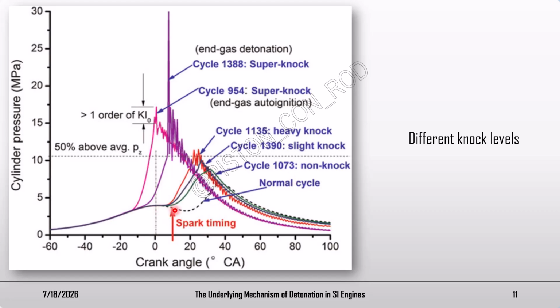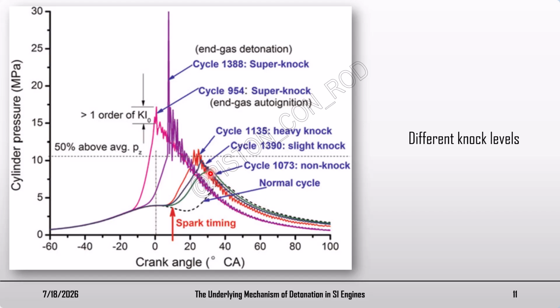As you can see, this dashed line shows the normal combustion event. We had spark here, and after that the combustion started and pressure rose pretty normally, with the continuation of the power stroke. So this cycle 10730 is non-knock, but still probably some kind of auto ignition happened, which resulted in much higher cylinder pressure.